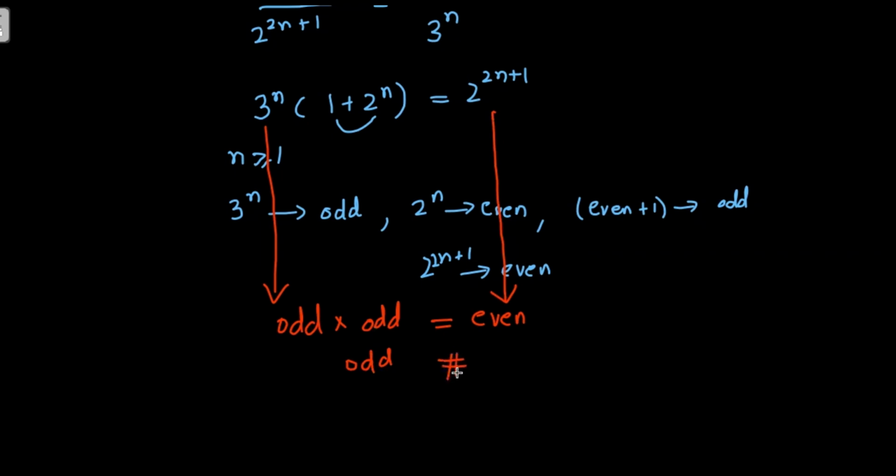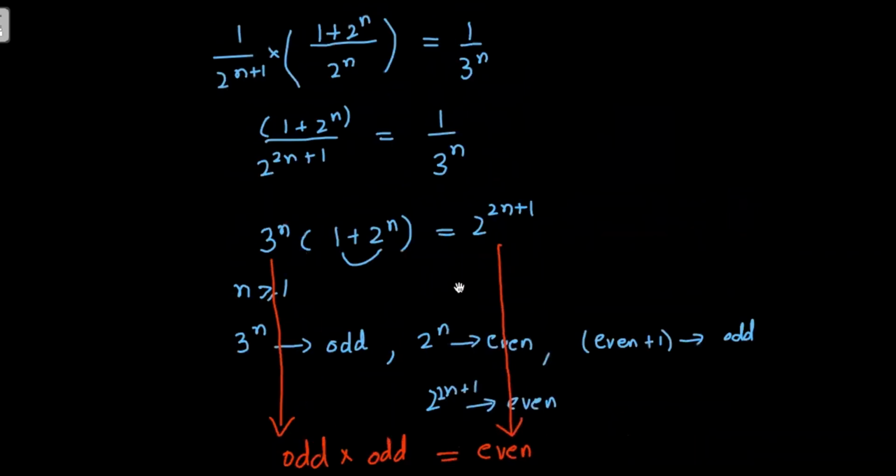That is not possible. Therefore, we can write that for x less than 1, this equation is not possible. Not possible for the above equation. And therefore, we check the next possibility.